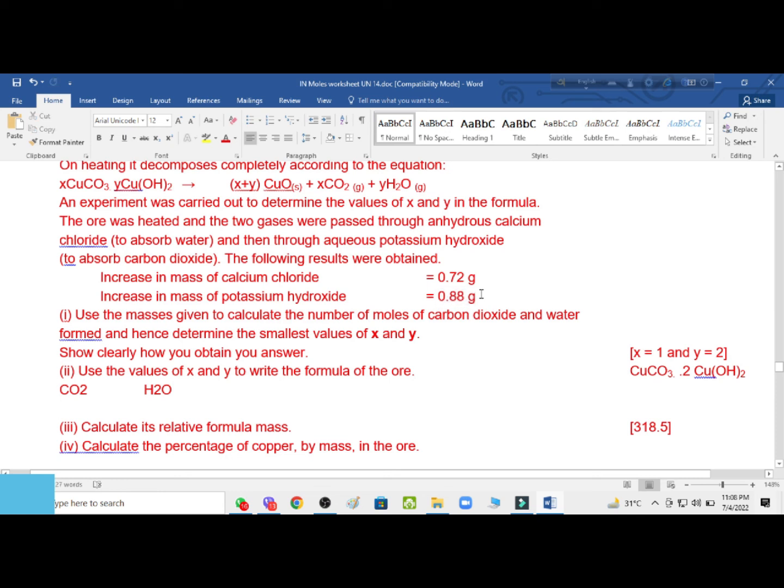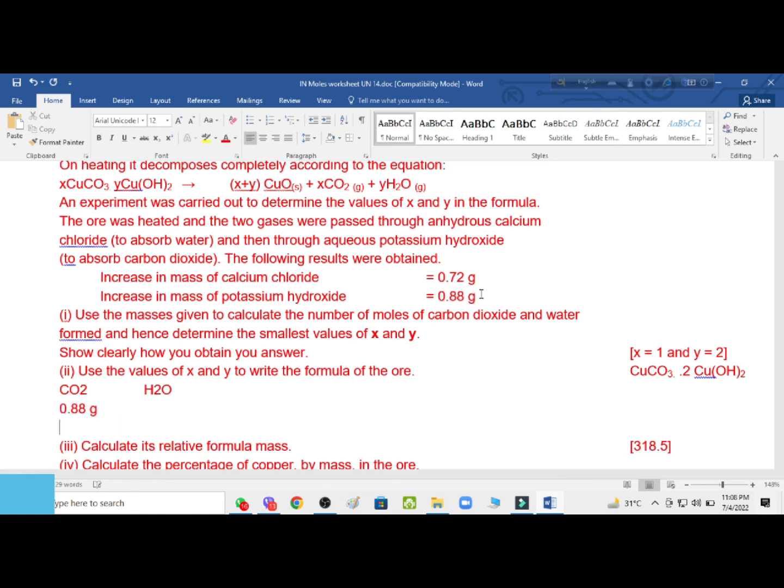If you understand the language, then many things are very simple. Many questions are very simple if you understand the language. So this mass was due to absorbing water. So this mass is totally the mass of water, 0.72. Is it a difficult fact that you estimate the masses of these two? Very simple. The only problem is the language.